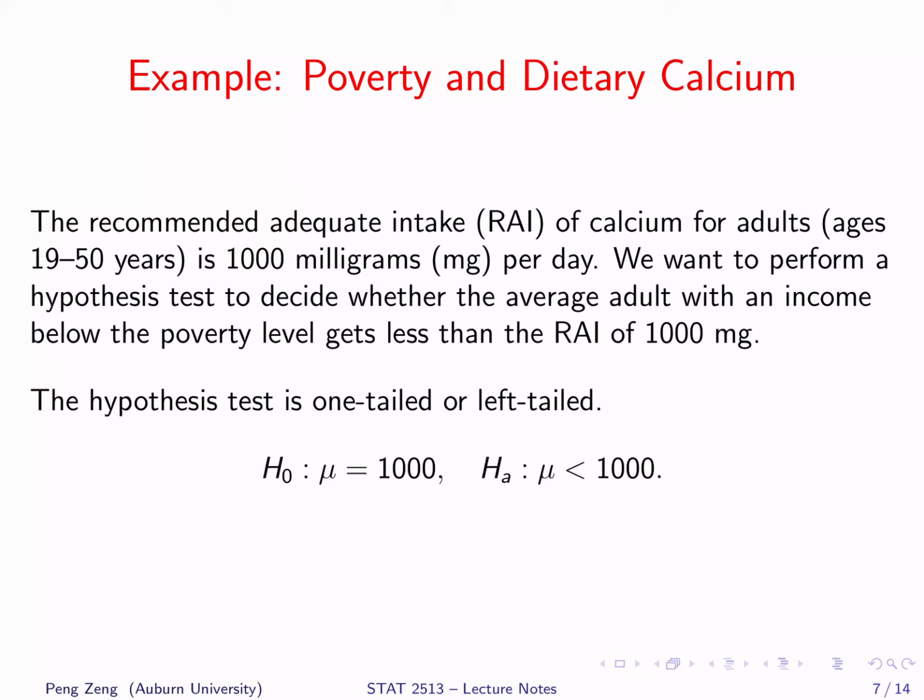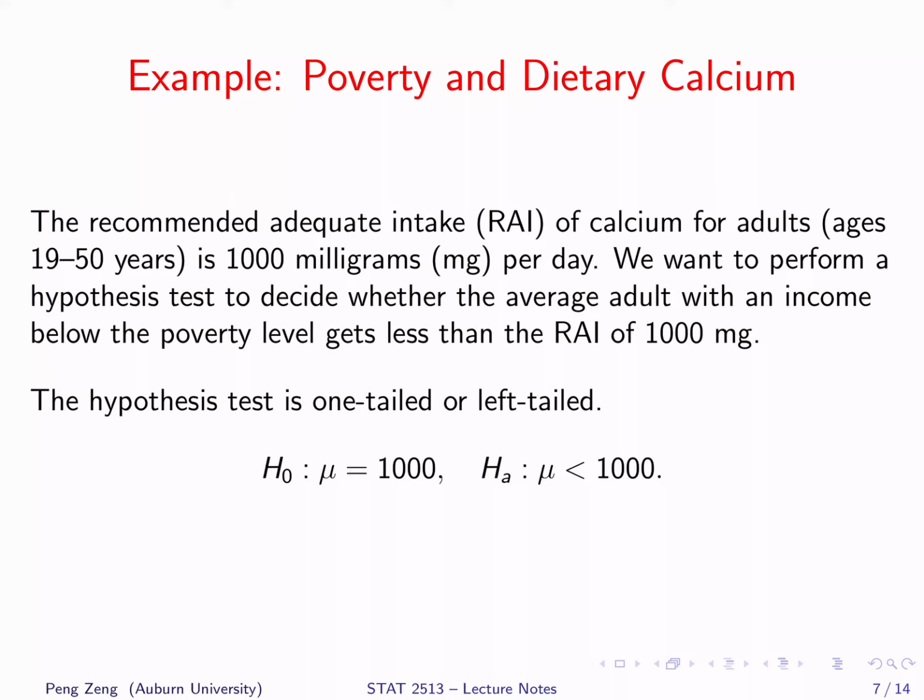The recommended adequate intake of calcium for adults is 1000 milligrams per day. We want to perform a hypothesis test to decide whether the average adult with an income below the poverty level gets less than the RAI of 1000 milligrams.